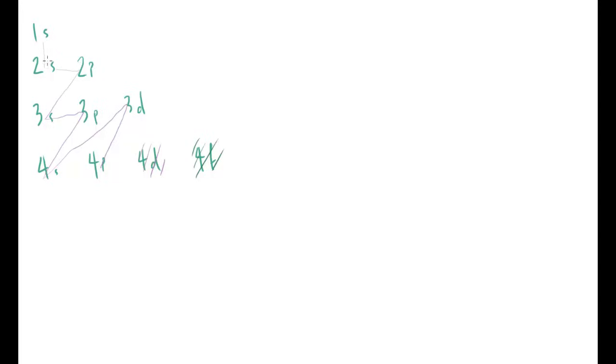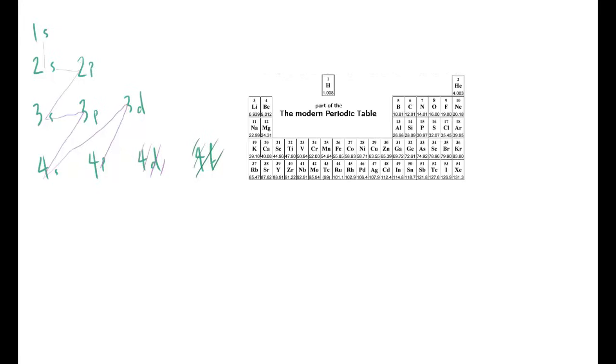The key thing here is that this goes as you'd imagine: 1s, 2s, 2p, 3s, 3p, it then goes 4s before 3d, and then it goes 4p. If you look at a periodic table, this is because we separate the periodic table into particular areas.